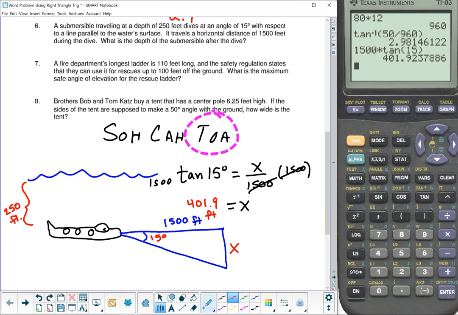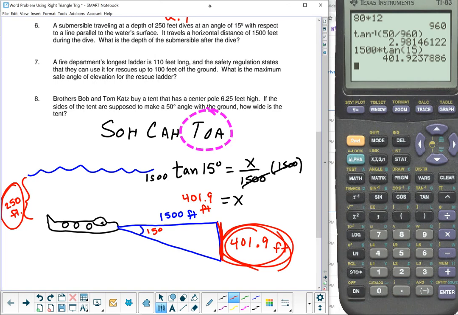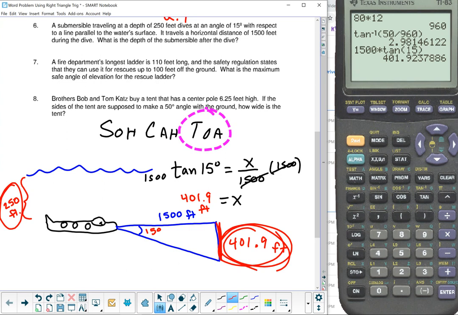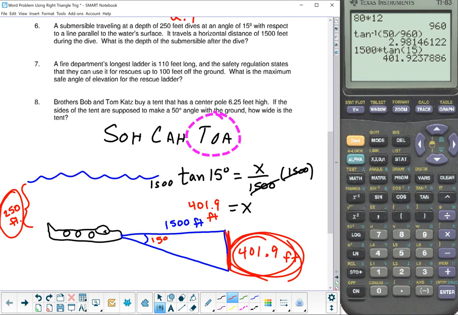Okay. And let's think about this, right? So 401.9 is the answer, but it's only this far down. This is 401.9 feet. Okay. But you were originally 250 feet. And then now you went down 401.9. So you need to add them together.